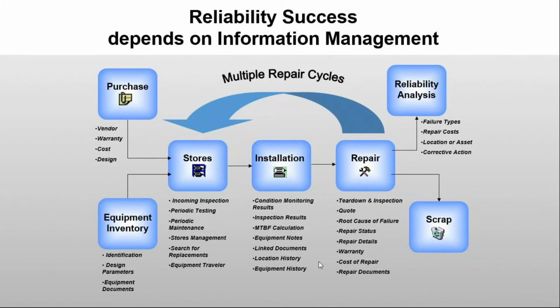However, there's all of this information from the design, the warranty, initial cost information from when it was purchased, what happened when that piece of equipment went into stores. Did the shaft, for example, on a motor get turned every month so that you didn't end up with false brinelling on bearings in large motors, or did the desiccant packages in that storage area get renewed every quarter, so you didn't have corrosion problems?